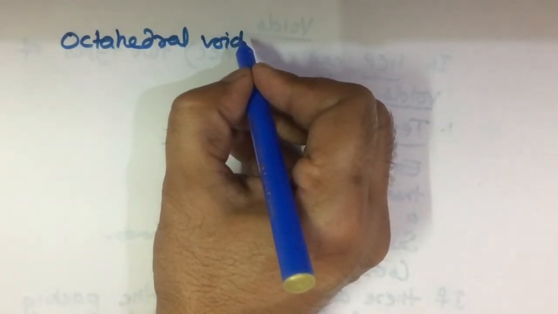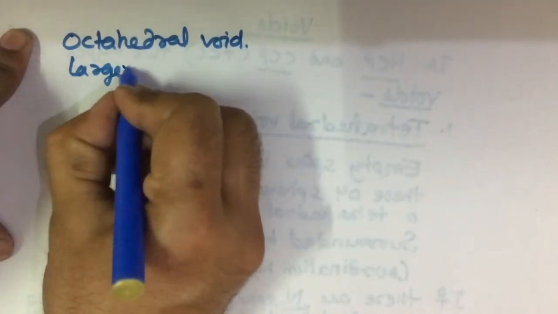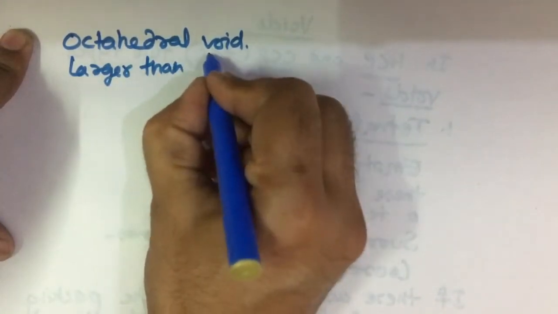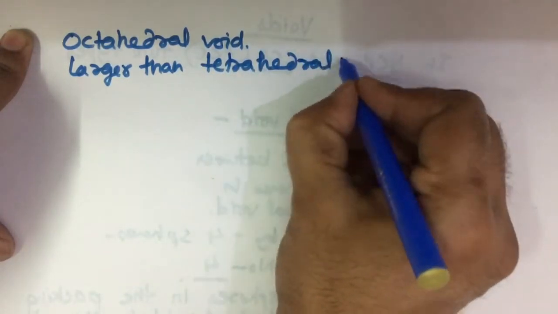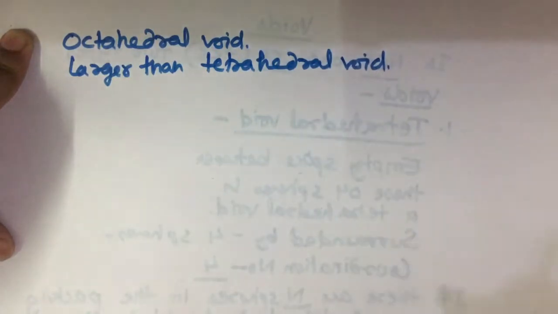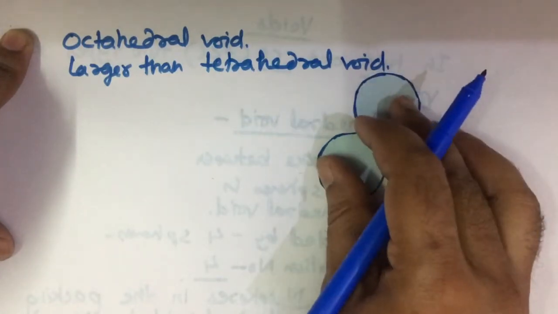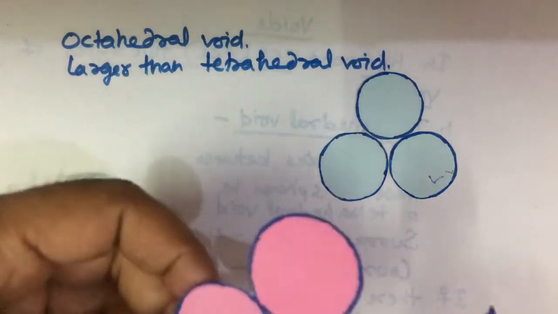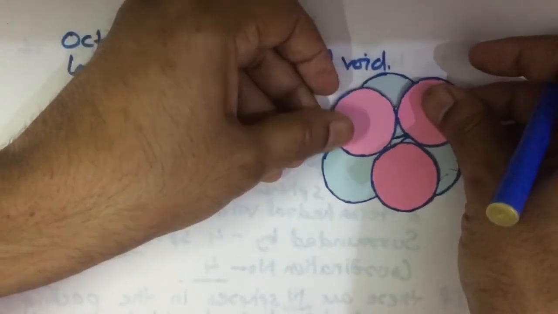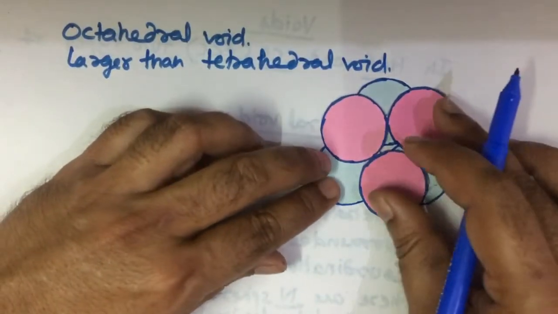Octahedral void is larger than tetrahedral void. It is formed by placing three triangular spheres in one plane and placing another three triangular spheres in the inverted direction.